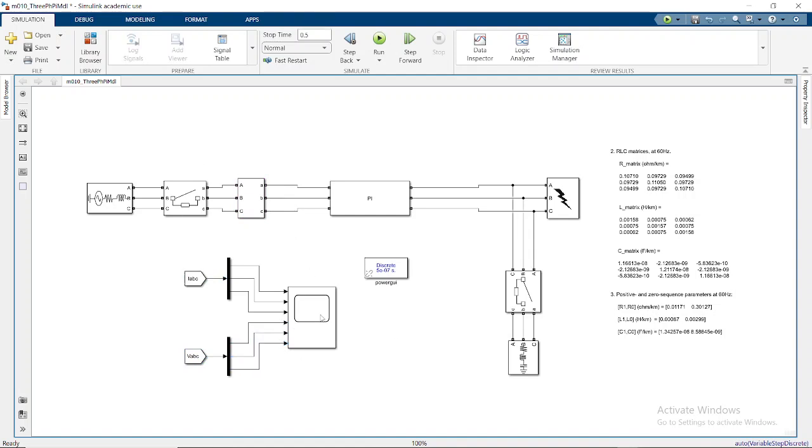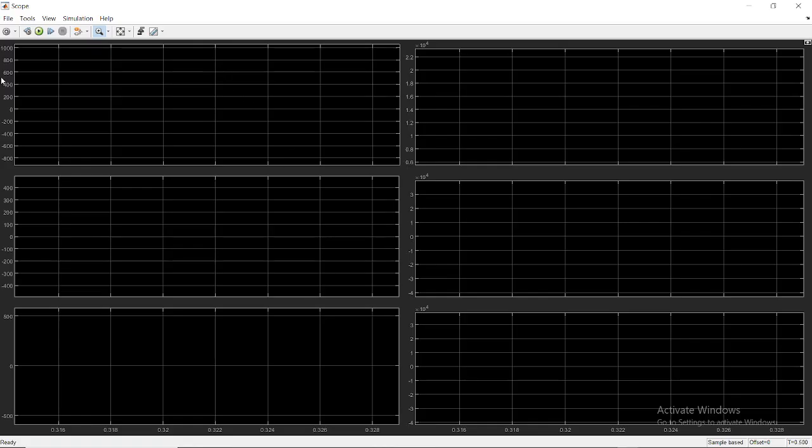All these six signals I have recorded on this scope. Here IA will get recorded, here IB, here IC, here VAN, here VBN and here VCN after simulation.